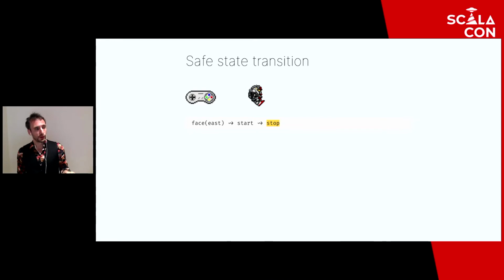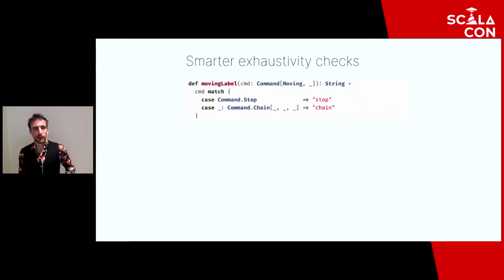But we have also made pattern matching slightly more powerful. Look at this function, moving label, which is basically the same as the label we had before, except it works for a command whose first type parameter is moving. Now, in this pattern match, I only deal with command.stop, which we know matches because moving must start from moving and goes to idle.